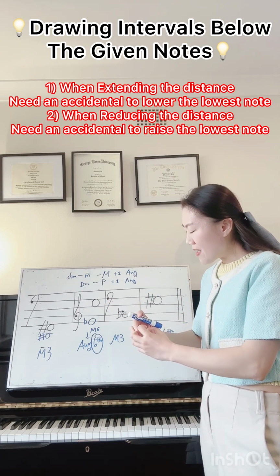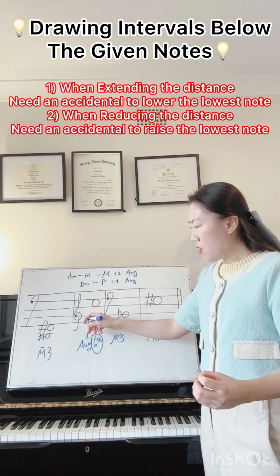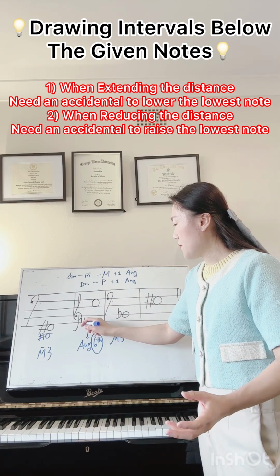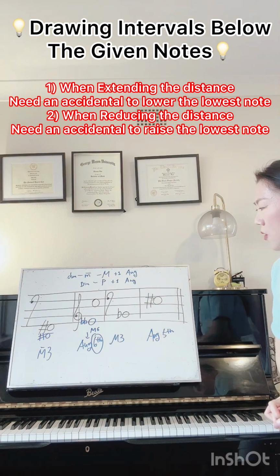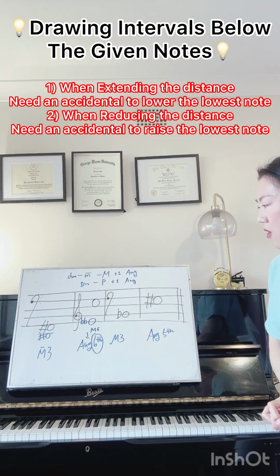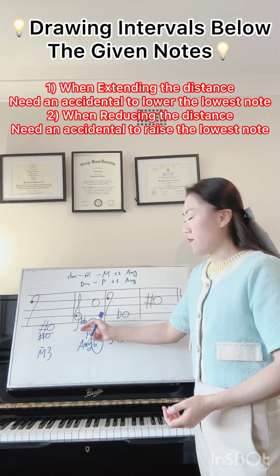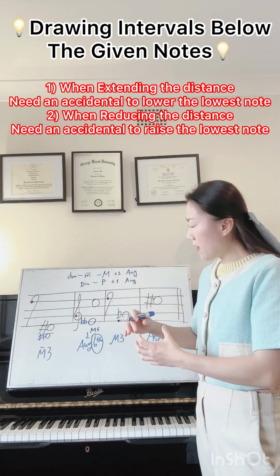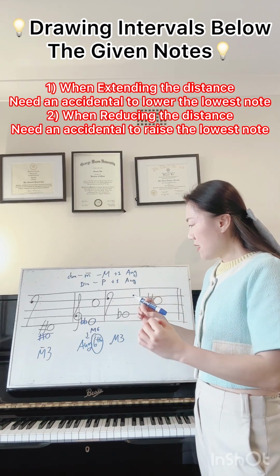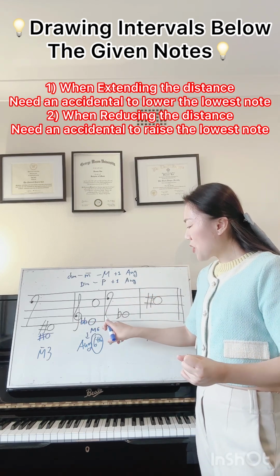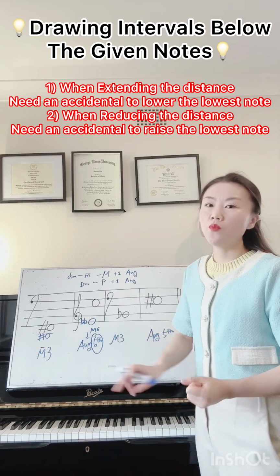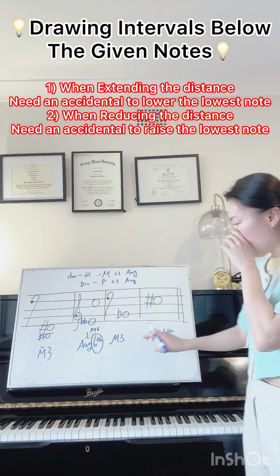So in order to extend the distance, do we need a flat or sharp? We need a flat. Okay, so augmented 6 below the C is E double flat. So by putting a double flat, that's how we extend the distance to turn major 6 into augmented 6. All right, so let's move on to the next one.